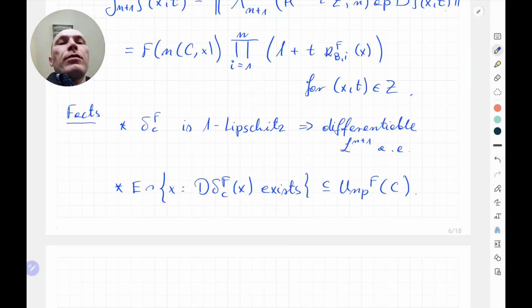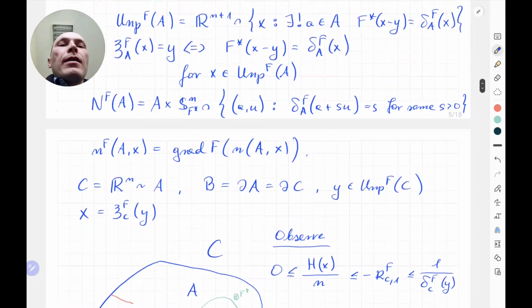Or to put it another way, if you have two projections of a point, then this function is not differentiable there. So at least we have this inclusion: if delta is differentiable at some point, then this point needs to have a unique nearest projection, so it's in the domain of the function psi.